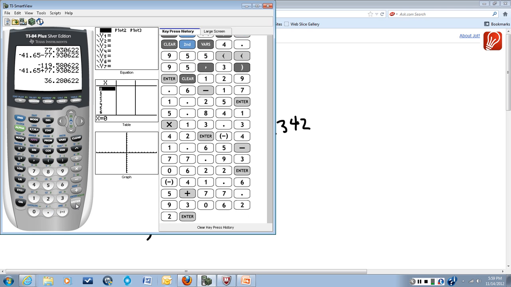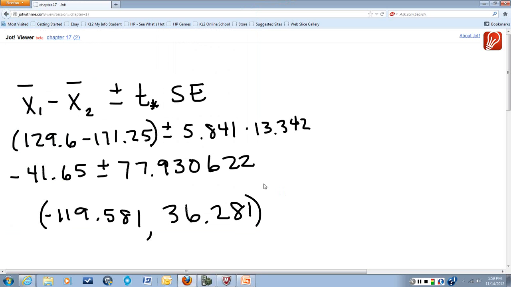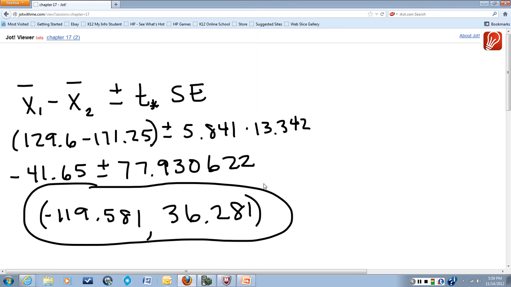And when we do that, we will get 36.281 when we round to 3 decimal places. So the final part of our question is to construct a confidence interval at 99%, and there it is, negative 119.581 to 36.281.